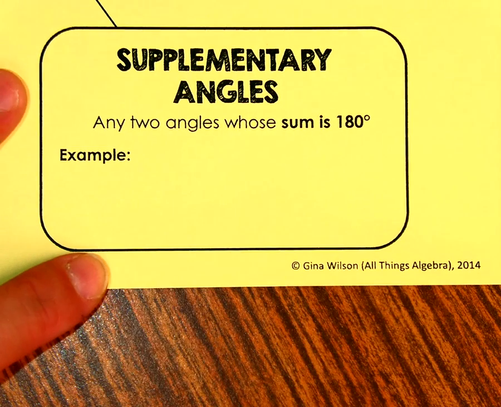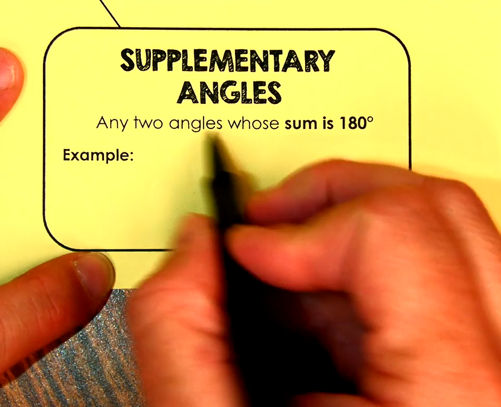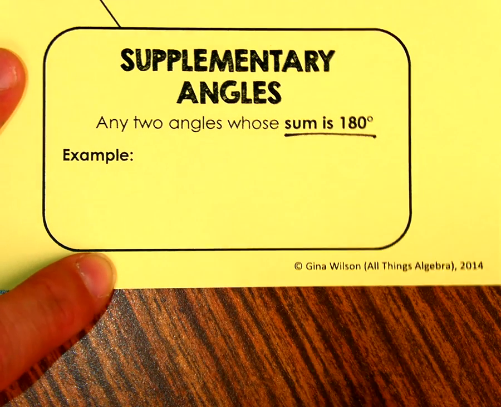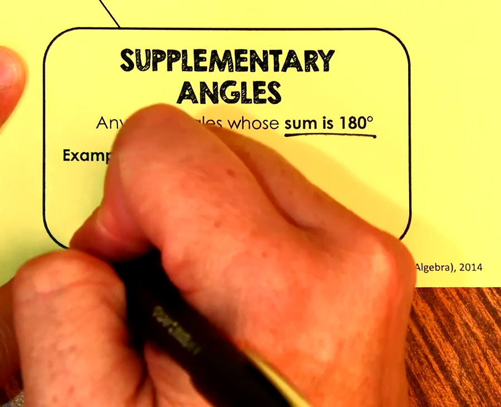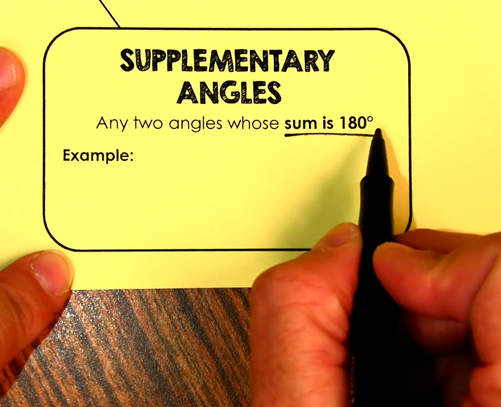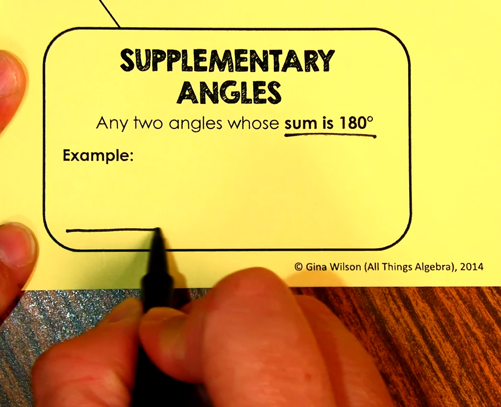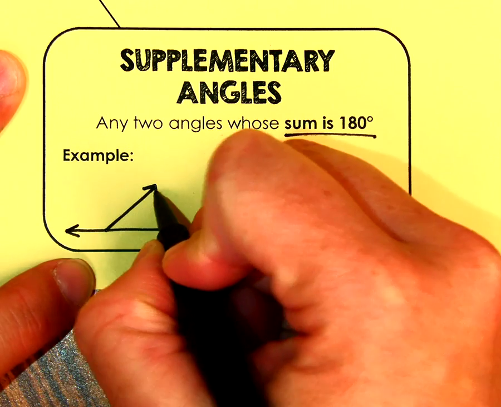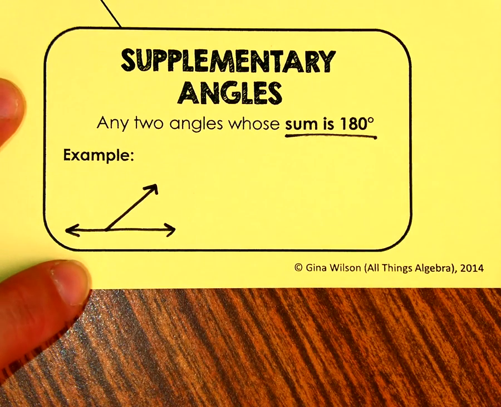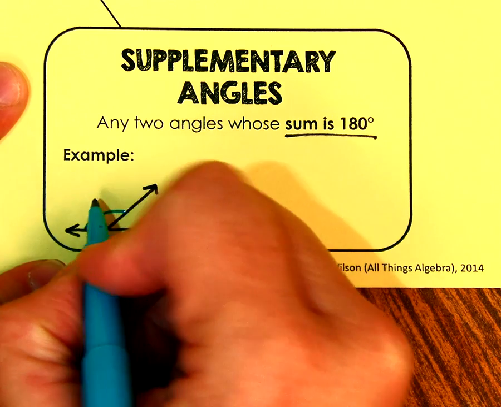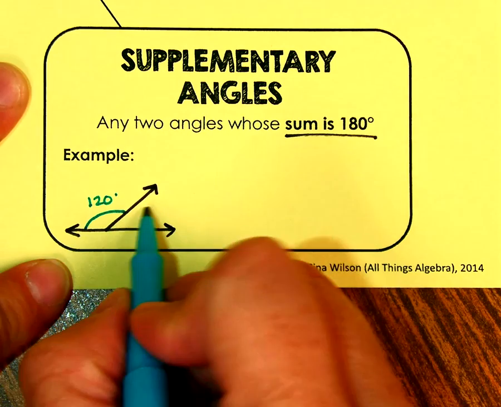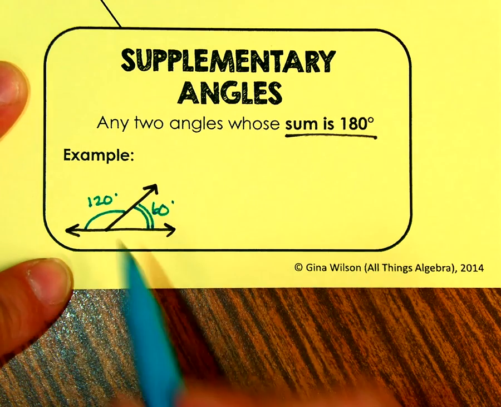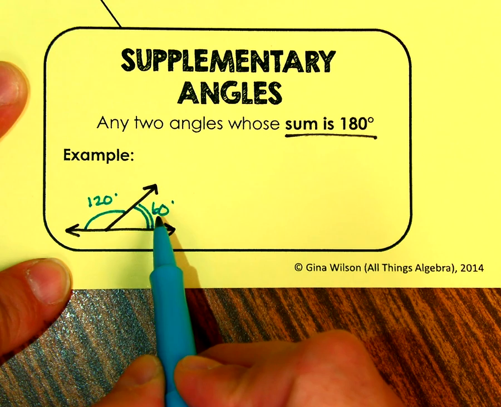Supplementary angles: two angles whose sum is 180 degrees. Just like the complementary, they can either be adjacent or non-adjacent. Supplementary is 180, and that is what typically forms a line. So if we have this scenario, and I said that this angle is 120 degrees, and this angle here is 60 degrees, 120 plus 60 does give you 180.